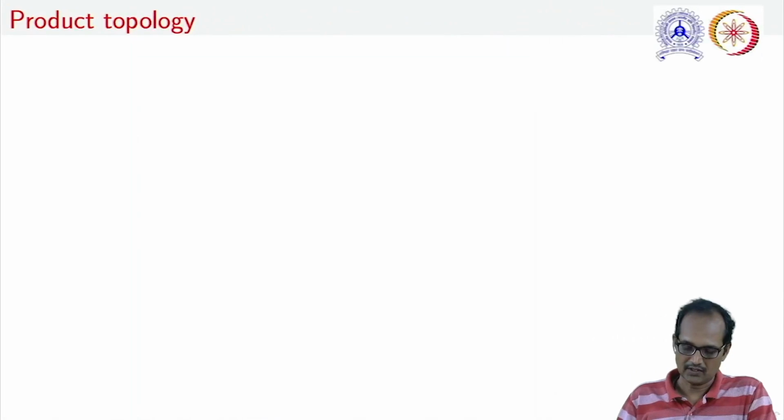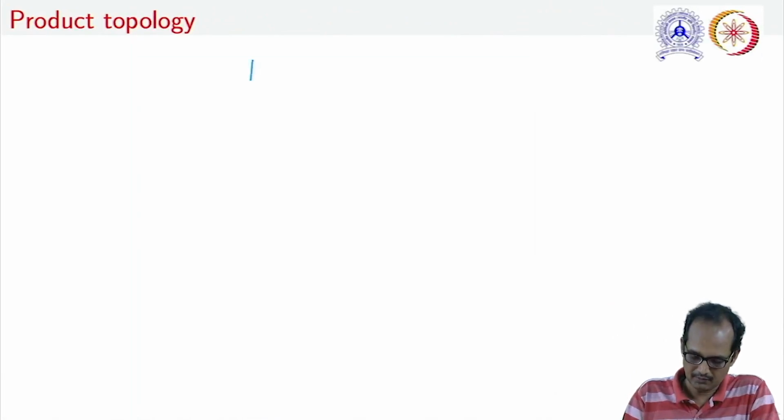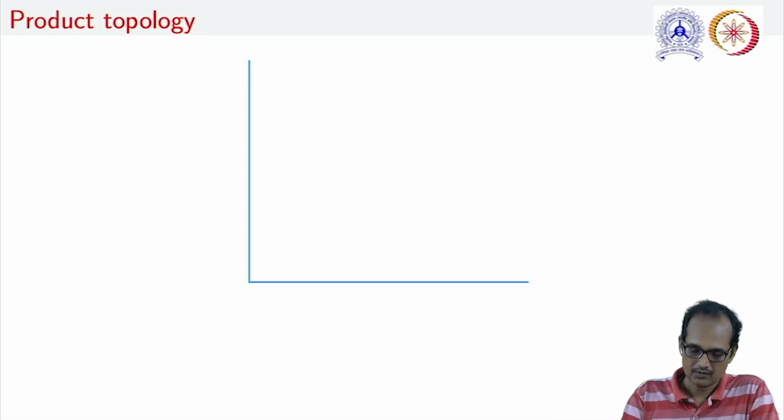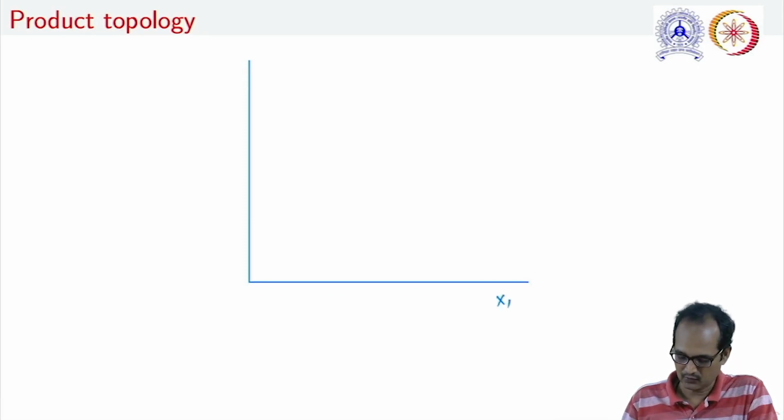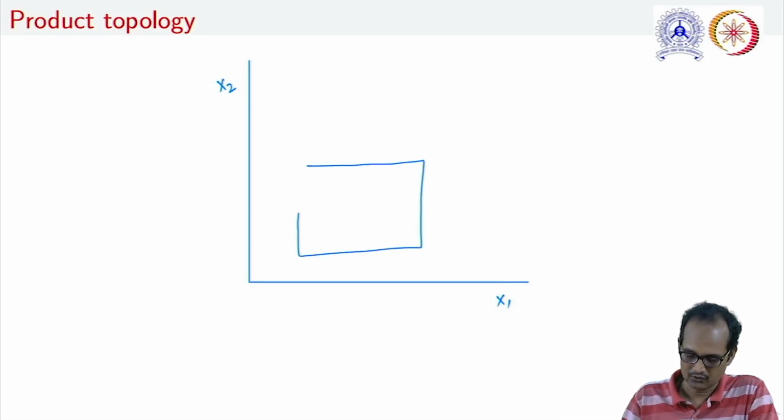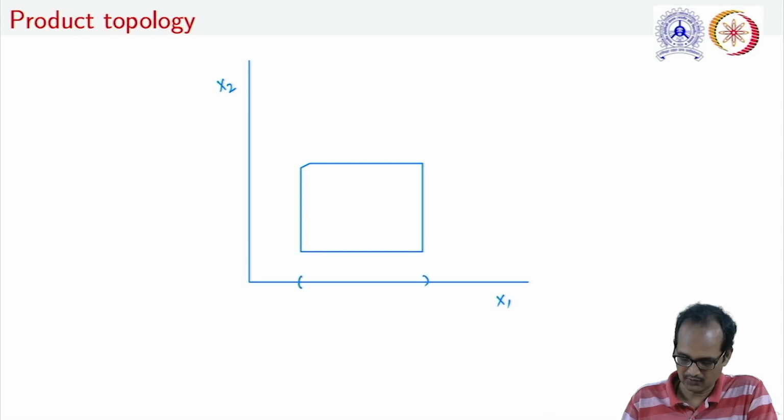Let us try to understand this concept by using a diagram. This one is for set X1 and this is for set X2. If we take the Cartesian product of G1 and G2, let us take that this is a subset G1 of X1 and correspondingly this is a subset of X2. Let us take another Cartesian product, that is the Cartesian product of H1 and H2.